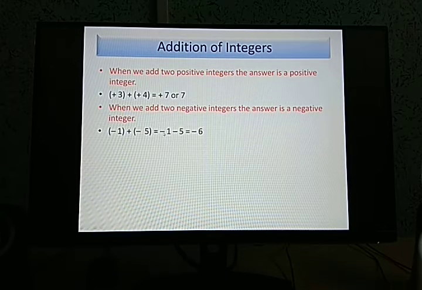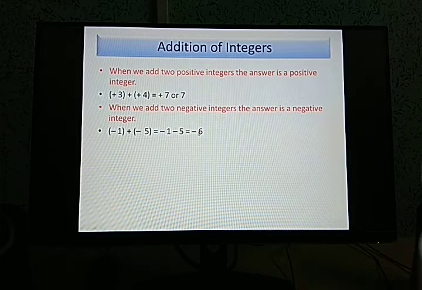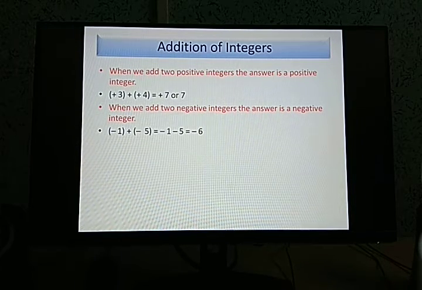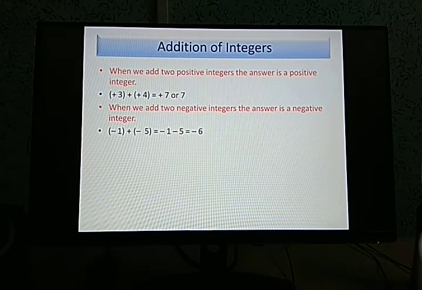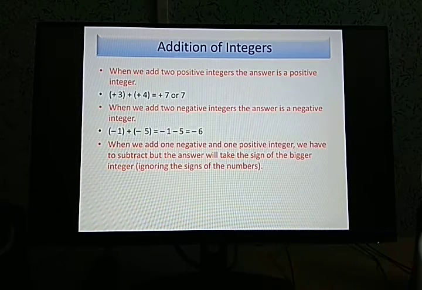Clear? So it will become minus 1 minus 5. Then obviously the answer will be negative, that is minus 6. So you can see that whenever we add two negative integers, the resultant answer will be a negative integer.